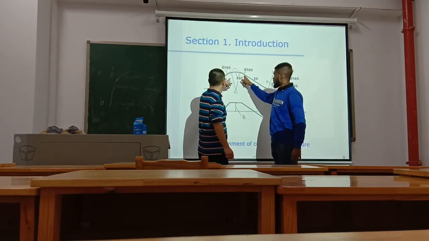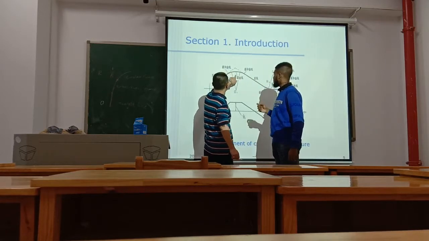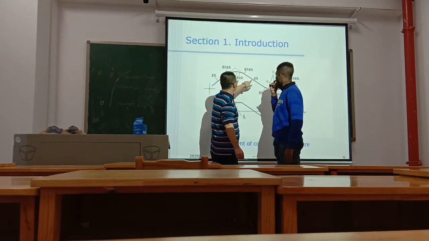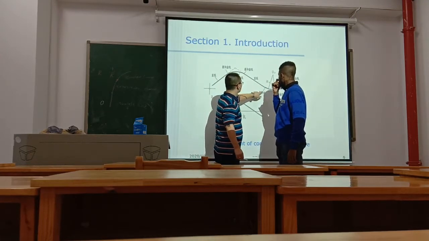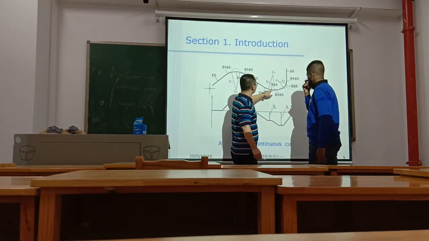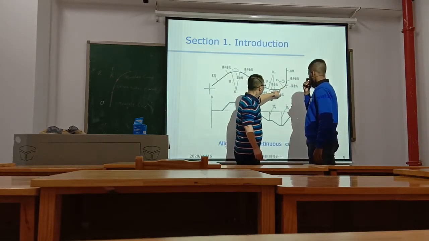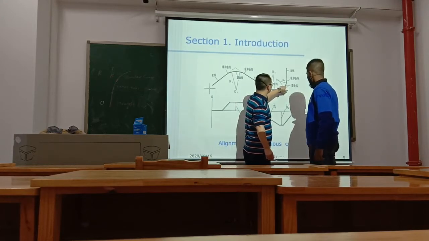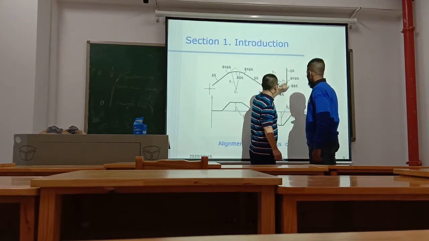This is a circular curve. Transition curve. Straight line. Transition curve. Circular curve. Transition curve. Circular curve. Transition curve. Straight line.